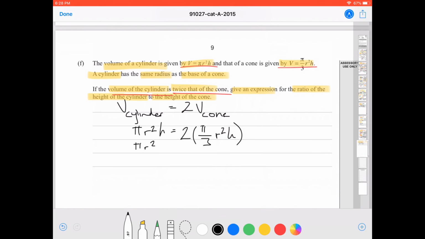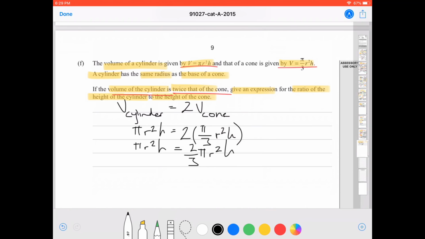Pi r squared h equals 2 times a third is just 2 over 3 pi r squared h. Okay, we can cancel the r squareds, and we know we can do this.